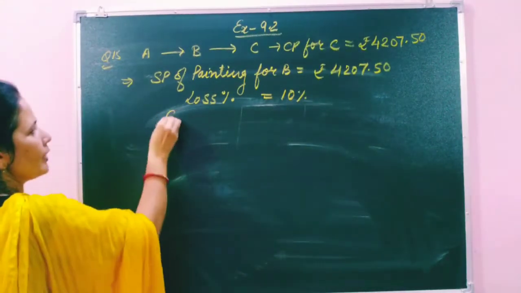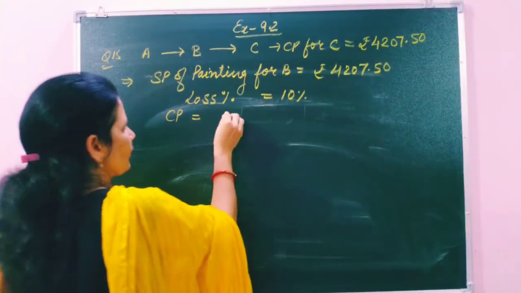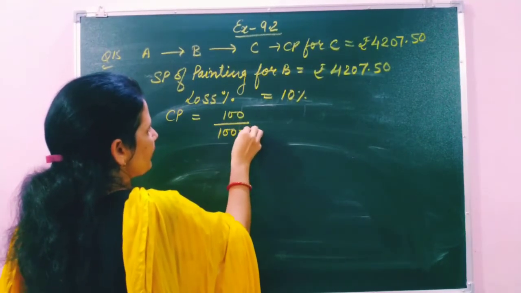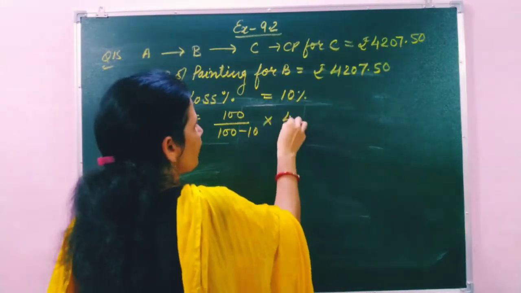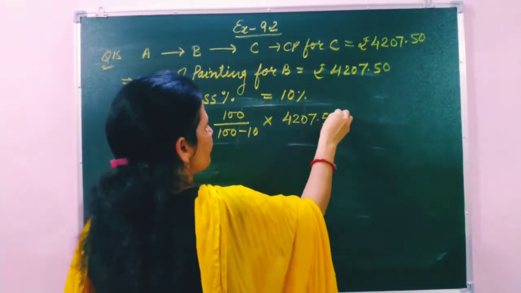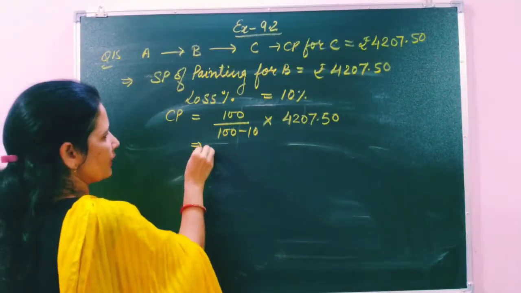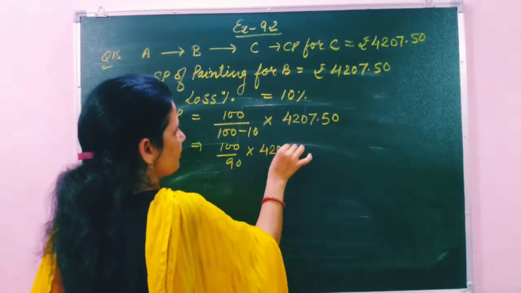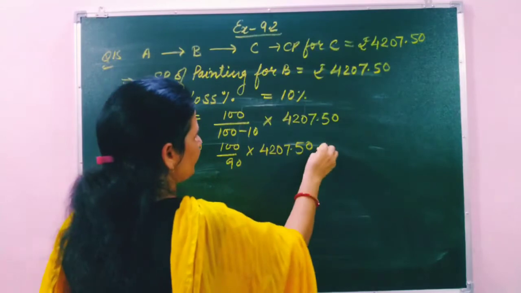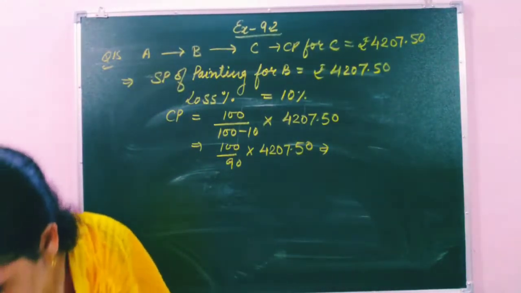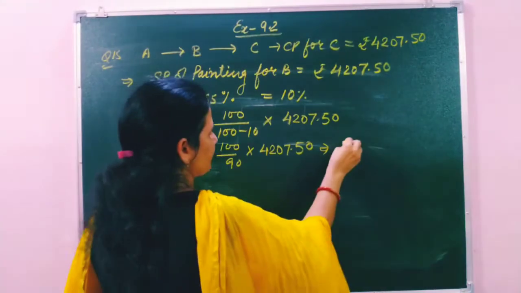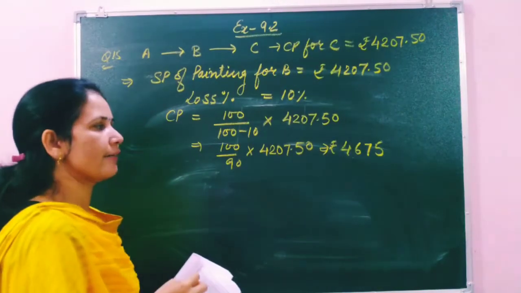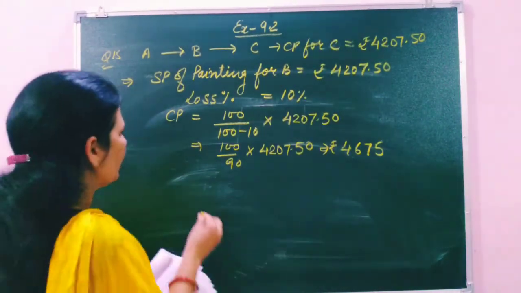Can we find out the CP from here? Yes, the formula for CP is 100 upon 100 minus loss, that means 90, multiplied by 4,207.50. When we solve this one and cancel, we get the amount 4,675.